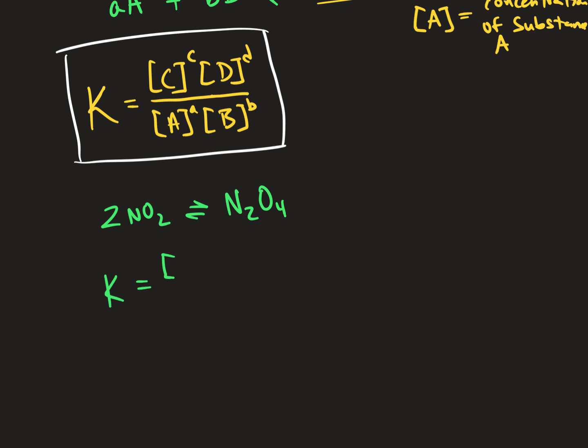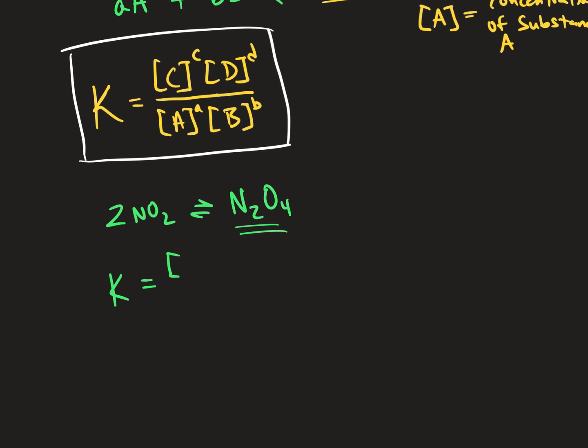Of our product. In this case, there's only one product, so it's N2O4, raised to what power? 1. The coefficient in front of N2O4 is 1, since there's no number, right?